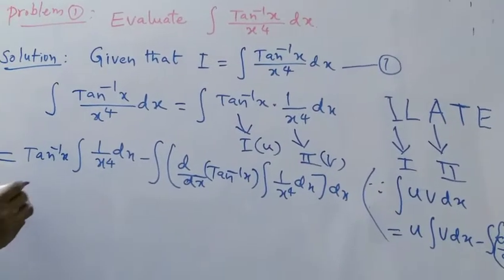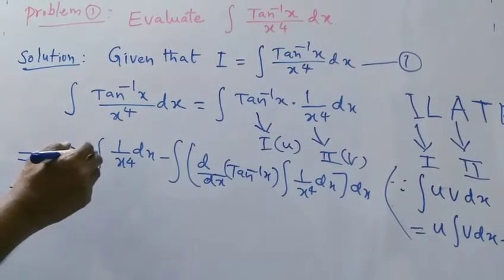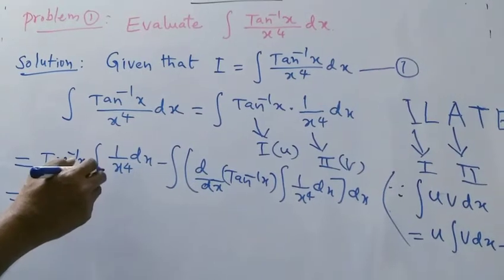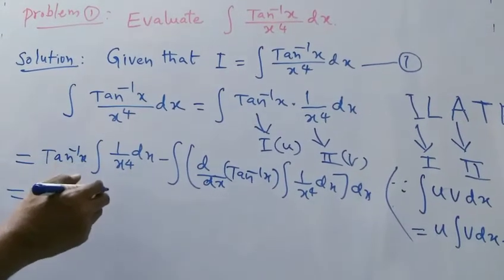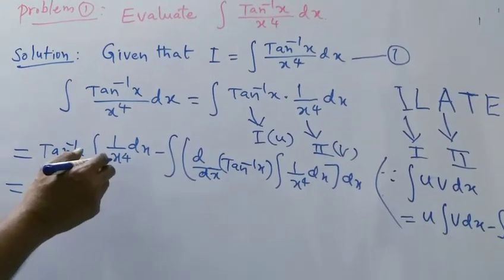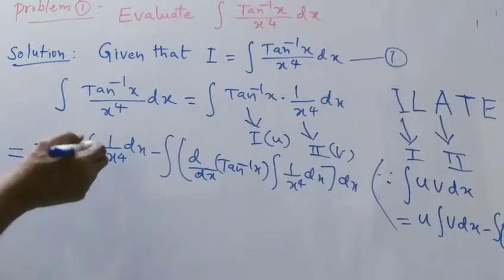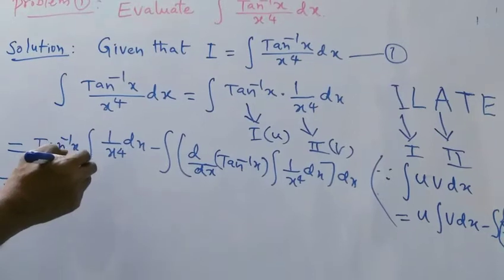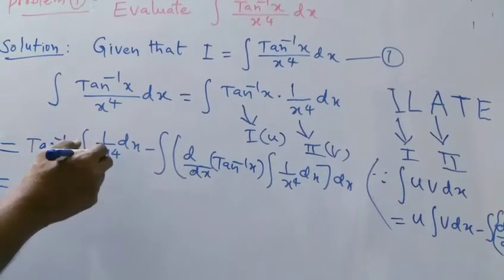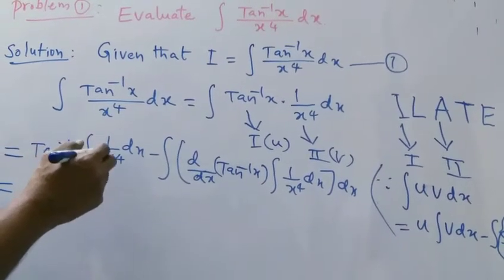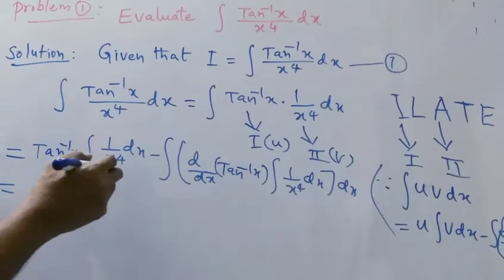This is equal to, here, integral of 1 by x to the power of 4 dx. Integral of 1 by x to the power of 4 means it becomes x to the power of minus 4, which is in the form of integral of x to the power of n dx.